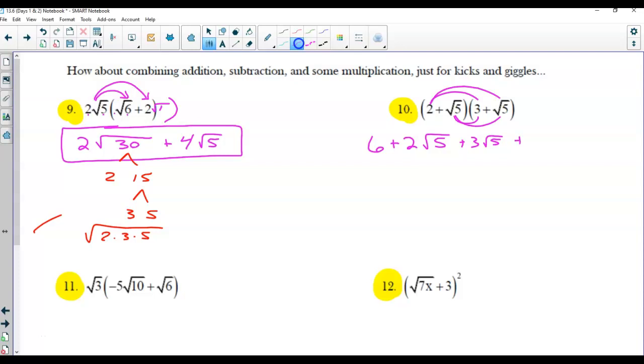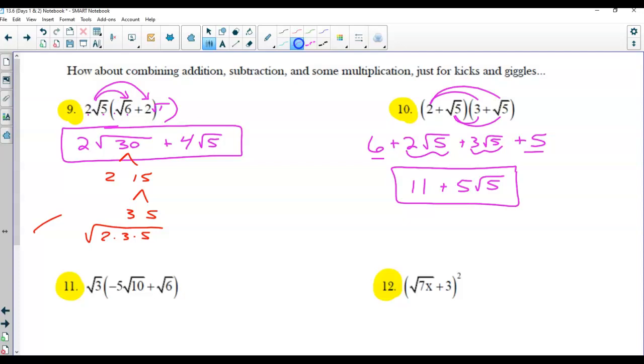Positive square root of 5 gives me plus 5. It just kills out those radicals. Then what do? Well, 6 and 5 are like terms. That's 11. And 2 square roots of 5 plus 3 square roots of 5, that gives me plus 5 square roots of 5. And I can't put numbers and square roots together, so that's what that one goes to.